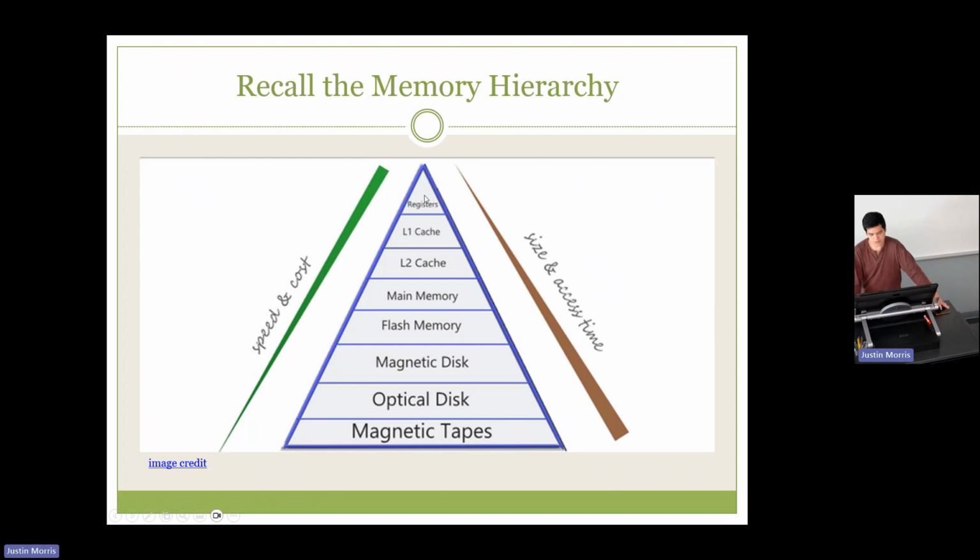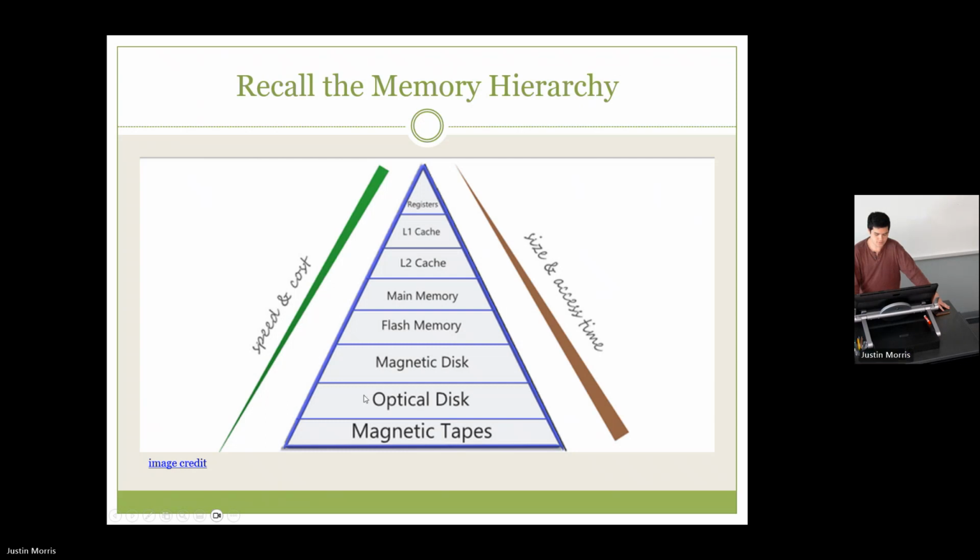So registers, L1 cache, L2 cache, and main memory, those are all volatile memory. Flash memory all the way to magnetic tapes are all non-volatile memory.